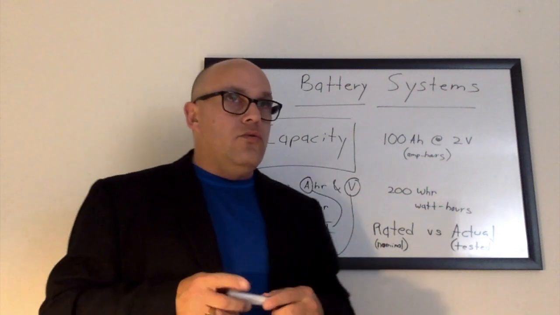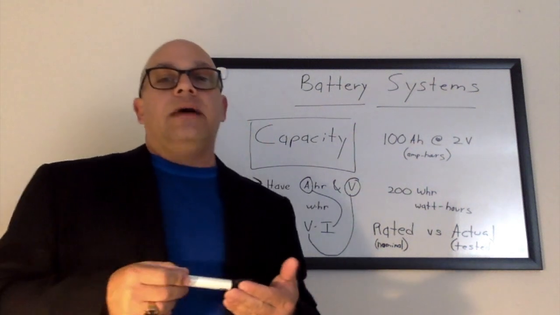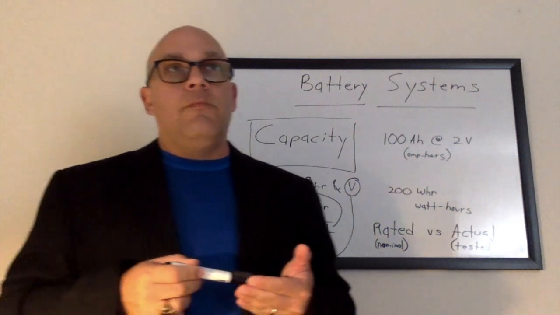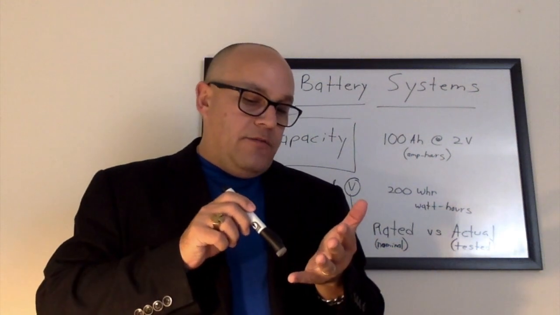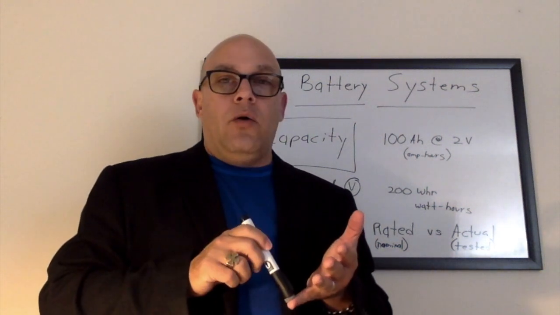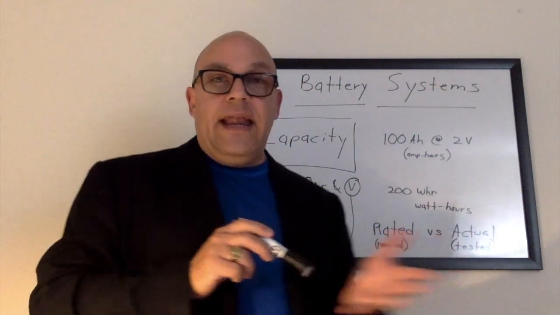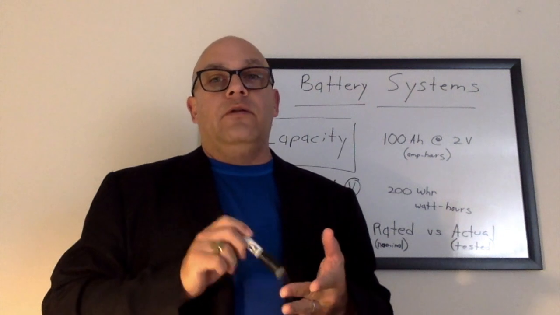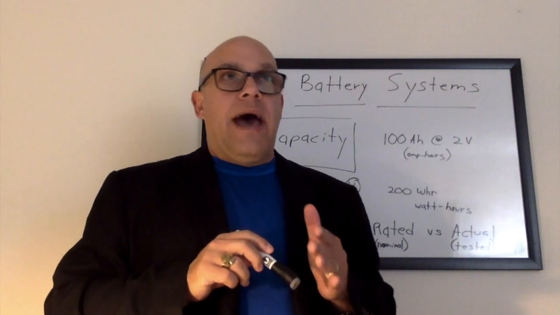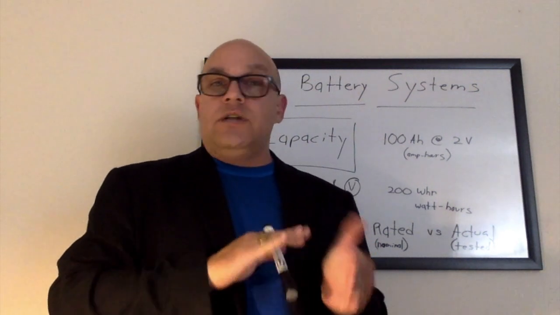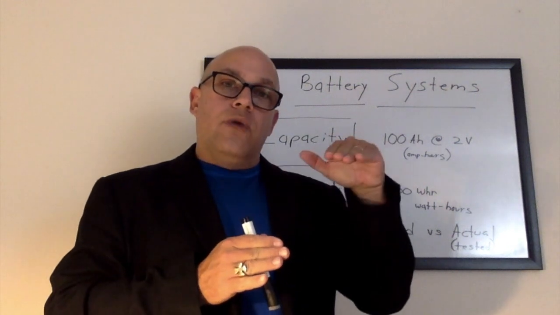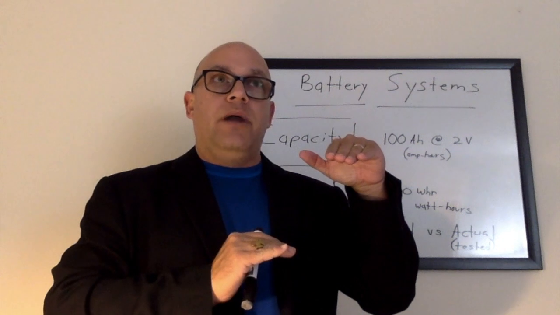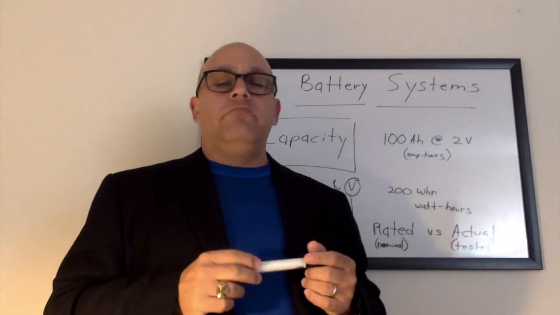So whenever you are talking about battery capacity, you need to make sure, absolutely sure, you understand the difference between the manufacturer's nominal or rated capacity versus actual or tested. You have to know those differences, because in batteries, the swing, or should I say the tolerance, from rated versus actual can be very, very large compared to other common engineering parameters.